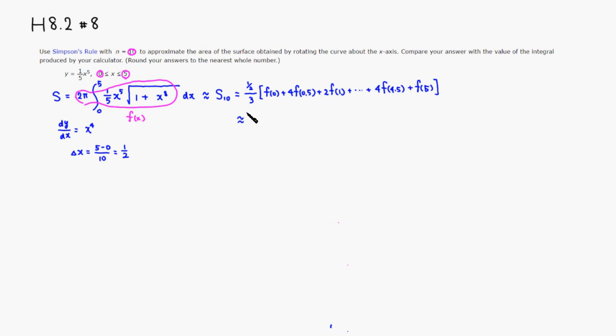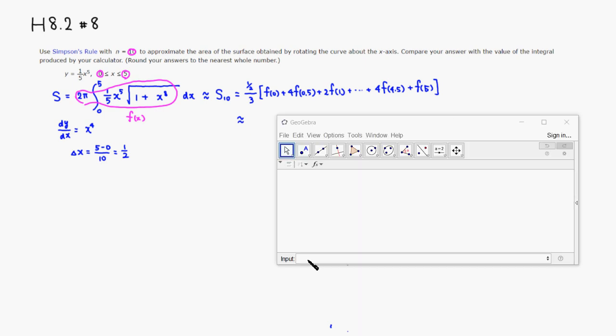I'm going to bring out GeoGebra. I'm going to define the function first. f of x is equal to x to the 5th over 5, times the square root of 1 plus x to the 8th power.